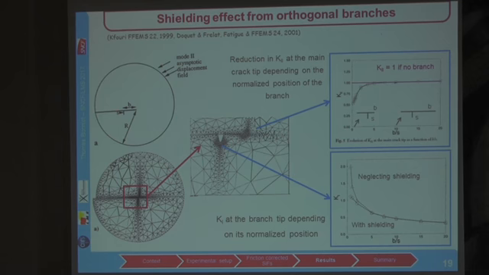We can see that for ratio b over s equal to 1, so the same length here and here, the mode 2 at the main tip will be divided by 2, and we will have some mode 1 on the branch, which will be larger than mode 2, and this effect vanishes as the ratio b over s increases.